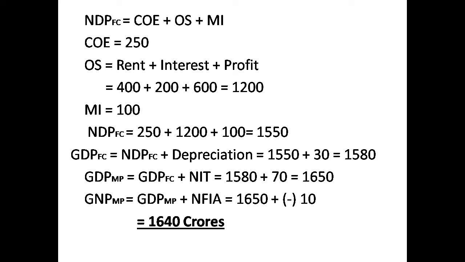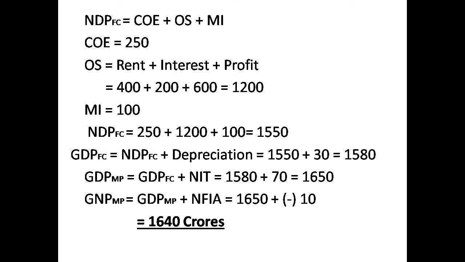We can easily calculate GDPFC by adding depreciation. So 1550 plus 30 is depreciation, consumption of fixed capital. So we get 1580. From GDPFC we can calculate GDPMP. How? By adding NIT. GDPFC plus NIT.